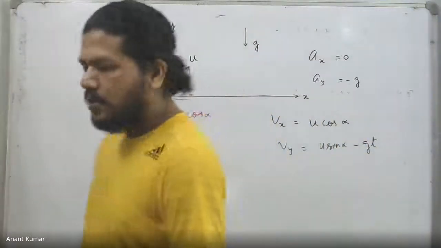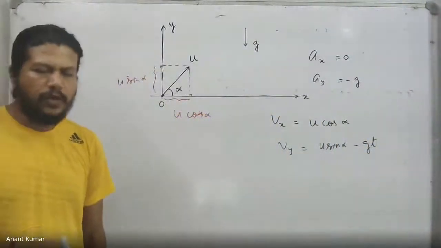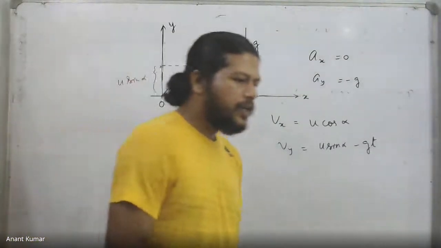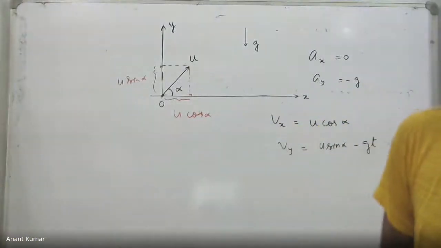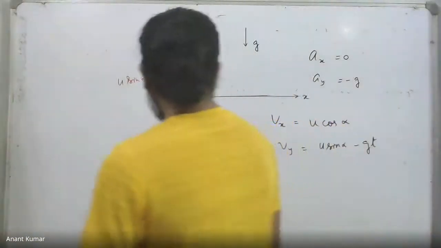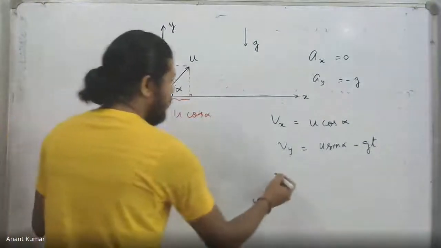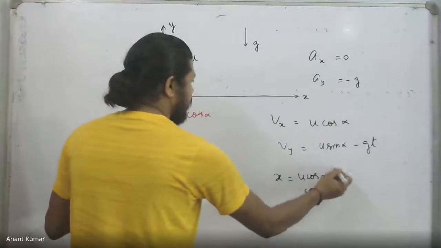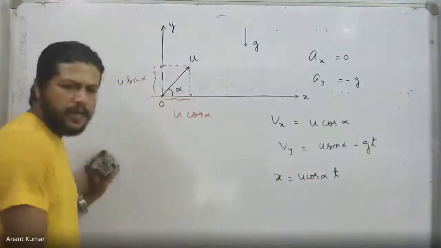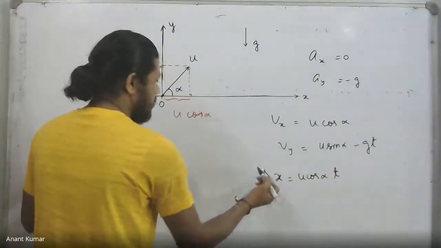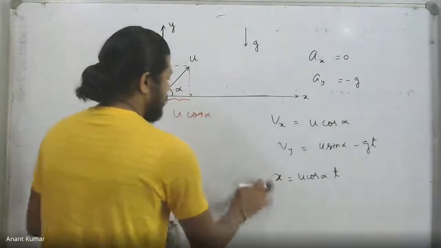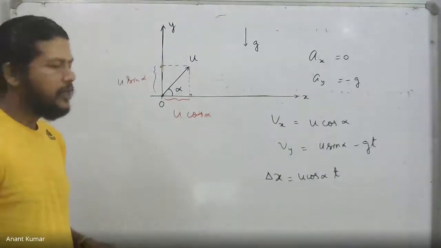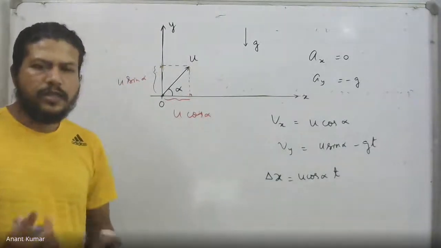Along the y direction, because there's a uniform acceleration downwards, we can apply the formula ut plus half at square. Only in this case, instead of distance, it will give us a displacement. So if I look at the x and the y motion, I have x as simply u cos alpha into t. Technically it's a displacement, delta x, by the way. But it was already starting from the origin, and that is why displacement and position are the same thing.